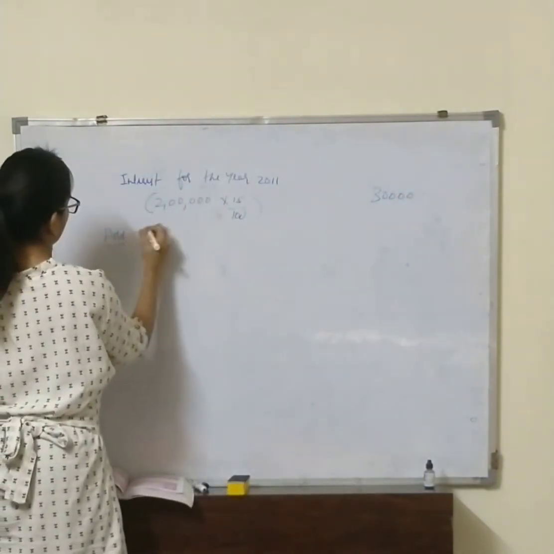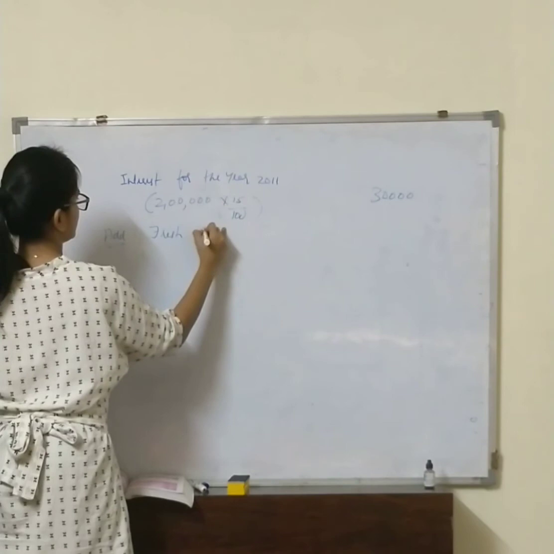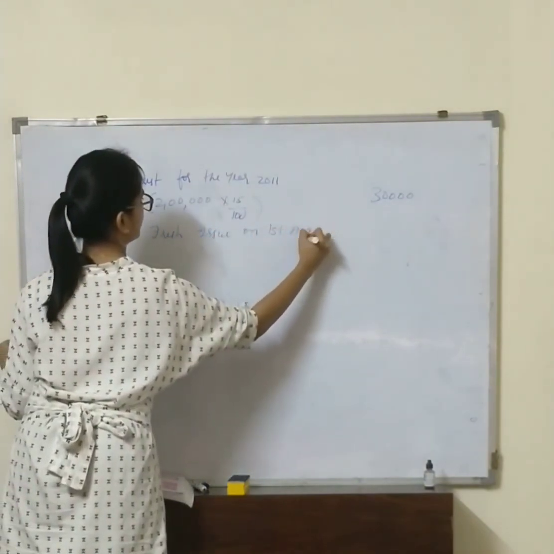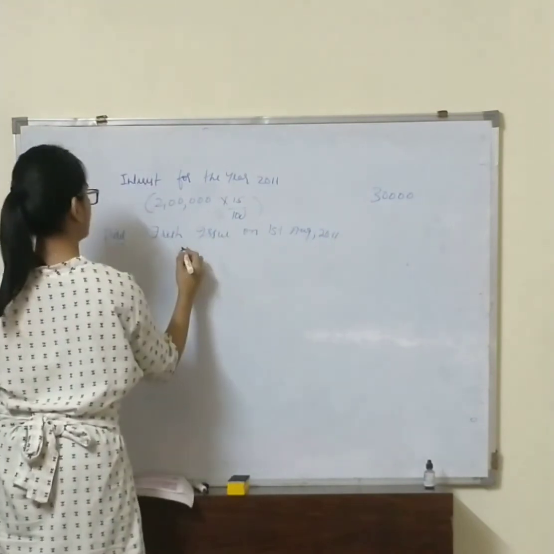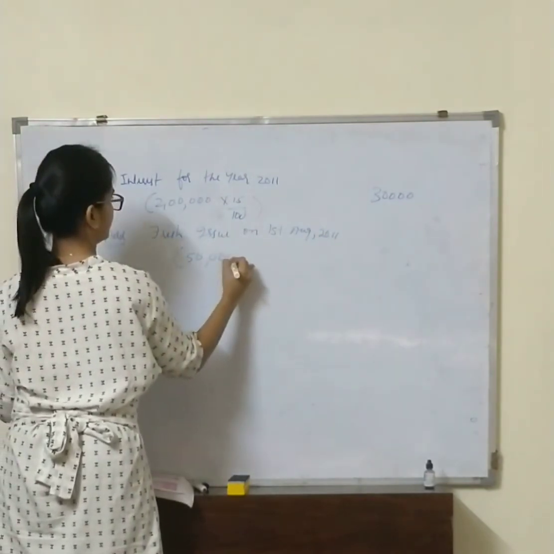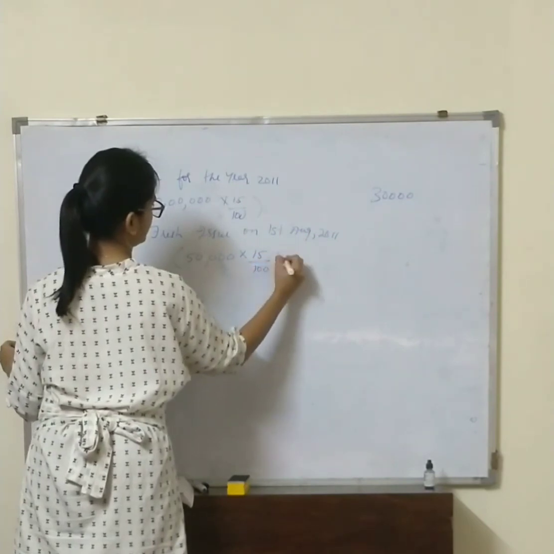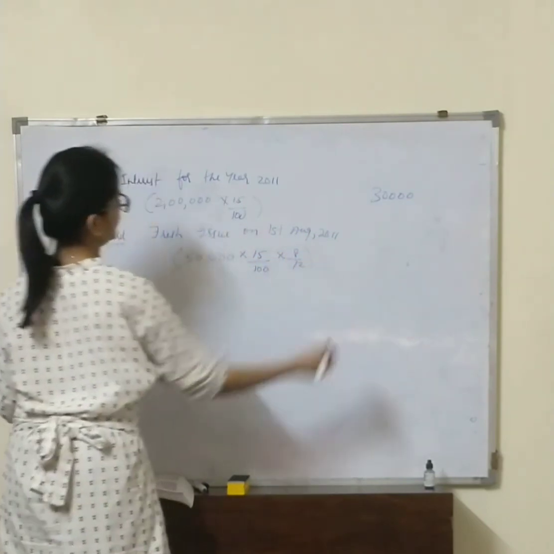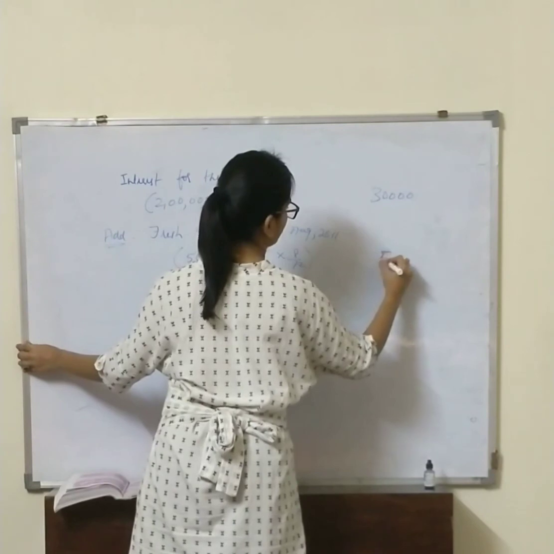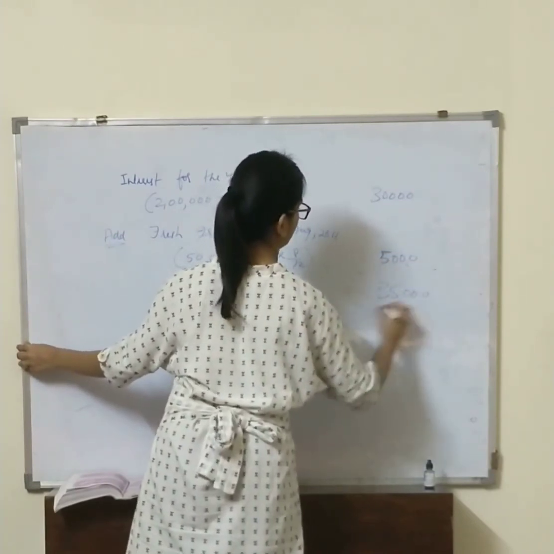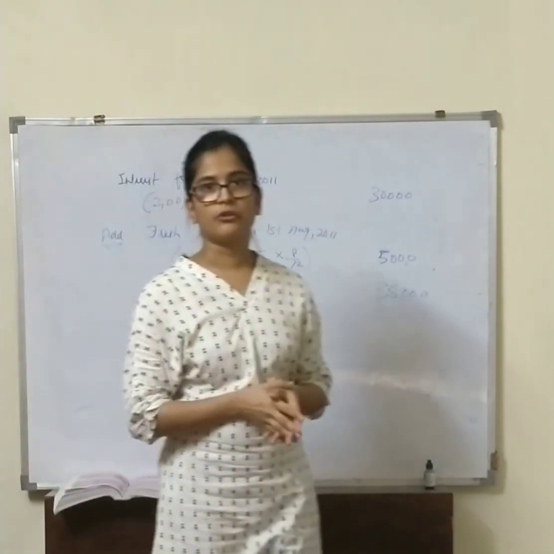Add fresh issue on 1st August 2011. So how much will it be? 50,000 into 15% into 8 by 12. 5,000. So total interest is 35,000.